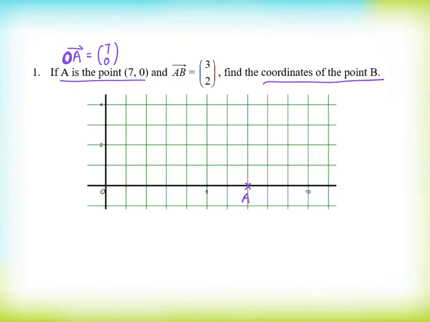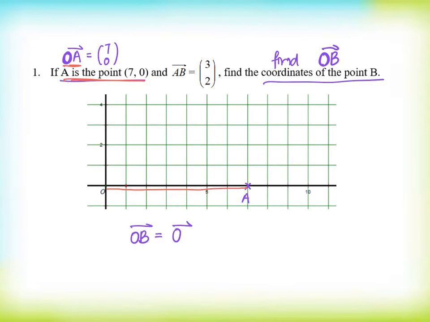The moment they read this phrase, coordinates of the point B, it tells me I need to find the vector OB. So the question is, how do I travel from O to B? I'm going to start at O. Where can I go to? Well, they've given me the point A. That means OA is (7, 0).